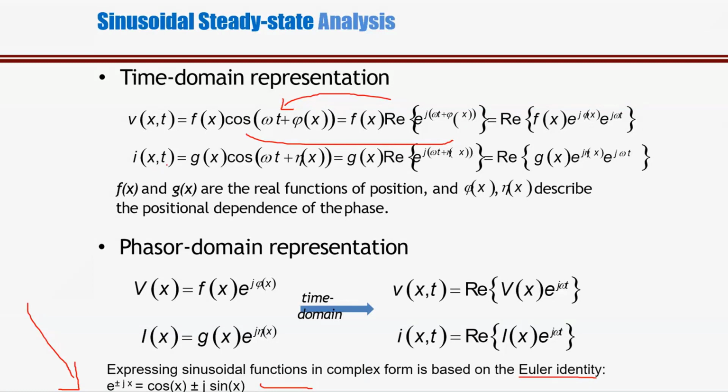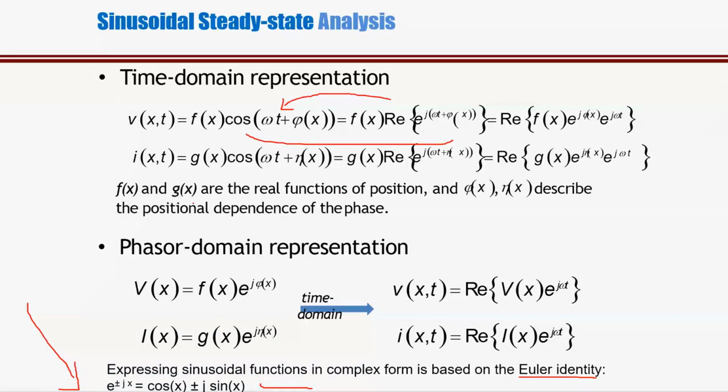Similar to that, I(x,t) is given as g of x cos of omega t plus eta x. So eta is a new letter used to represent the phase shift for this second equation, and that is also equal to g of x times the real part of e raised to j omega t plus eta x, and so on. Here f of x and g of x are real functions of position, and phi of x and eta of x describe the positional dependence of the phase.